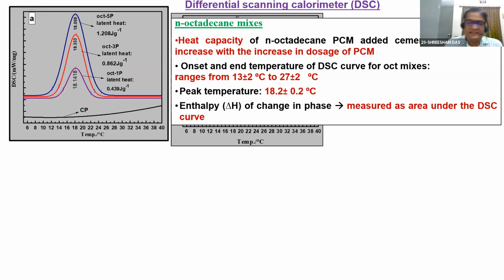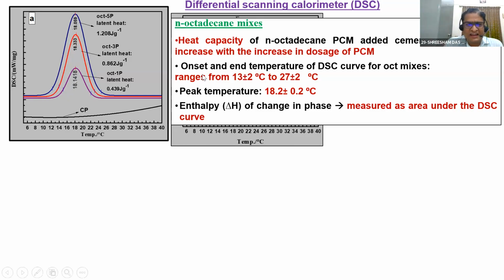That is why it conducts the heat. But now let us go to the N octadecane 1%, this is 3%, and this is 5%. The moment I increase the dosage of PCM, the heat absorbance capacity is increasing.